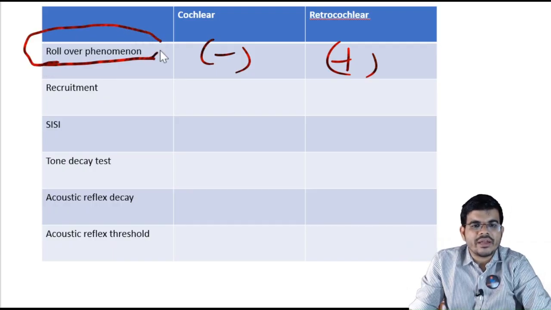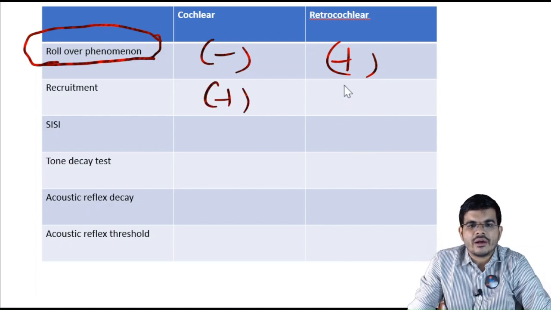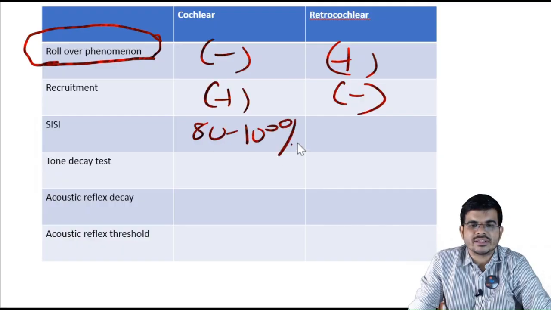Now, what is happening in recruitment? In recruitment, there is abnormal growth of loudness, and that is indicative of cochlear hearing loss. In retrocochlear hearing loss, it won't be there. There is no recruitment, and SISI will be 80 to 100% in case of cochlear deafness, and in retrocochlear it will be about 0 to 20%.